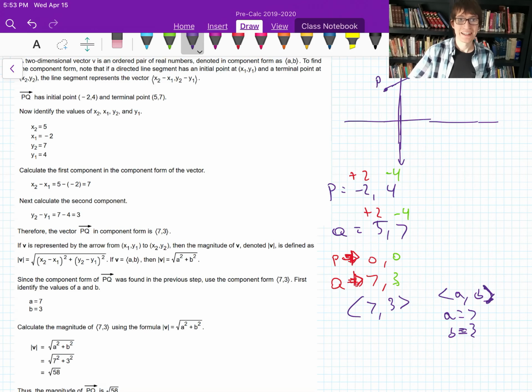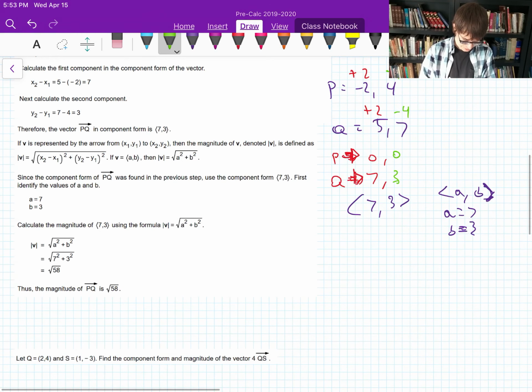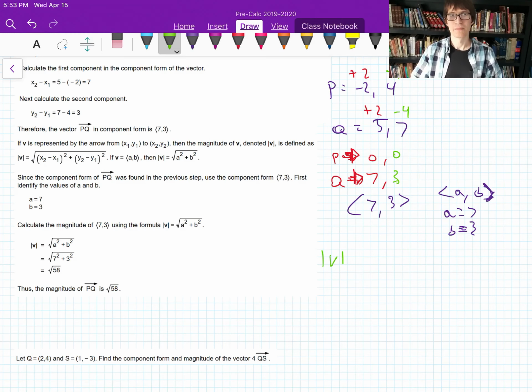Now we need to find the magnitude of this vector. And remember the equation we had for magnitude. The magnitude is the same whether you're in component form or in the initial and terminal point form. Both of them will give the same result because it's the same vector. It's just translated a bit. It's moved up, down, left, or right.